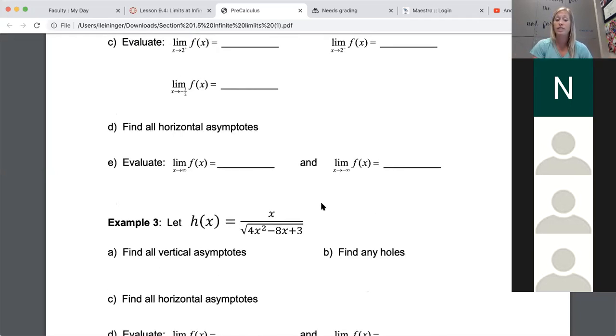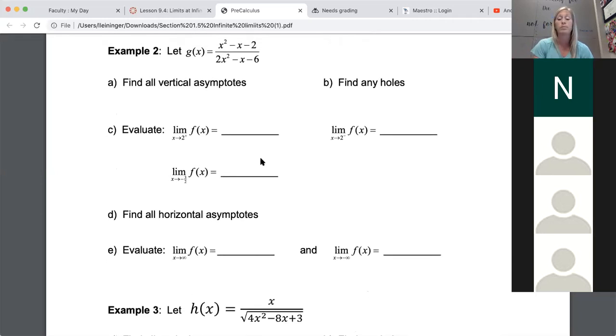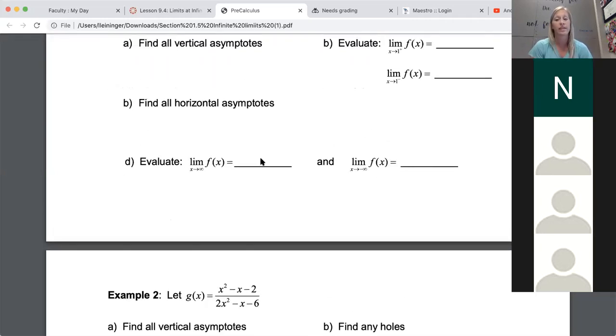A lot of these you will be able to, like we did in example 2 or example 1, draw a brief sketch yourself and see what's going on. But it's like what we did in rational functions. If there's not enough information from what you find, the vertical, horizontal, holes, all that, and you can't just plug in a number to figure it out like we did before, then use your calculator.